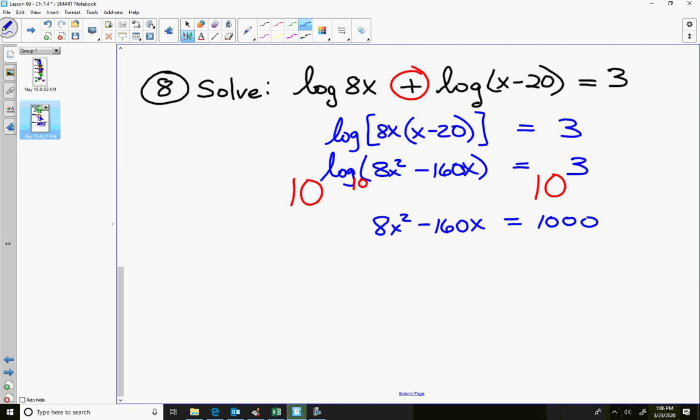What kind of equation do we have? 8x squared is a quadratic equation. How do we solve a quadratic equation? Several methods, but the main two would be factoring or the quadratic formula, both of which require set equal to 0. So, let's set it equal to 0.